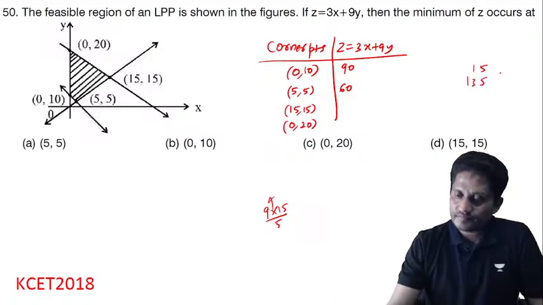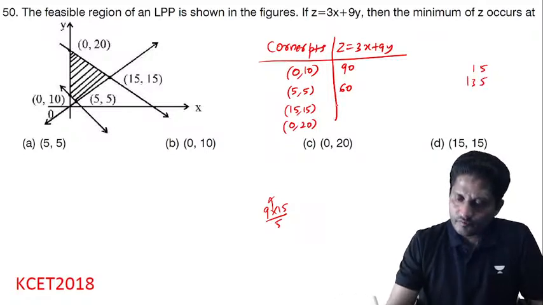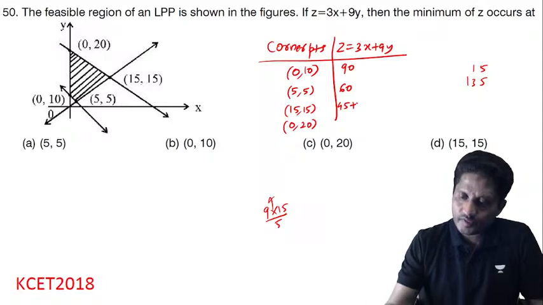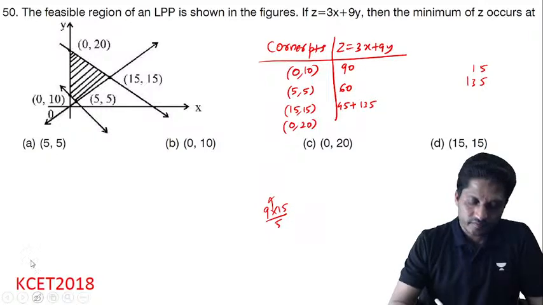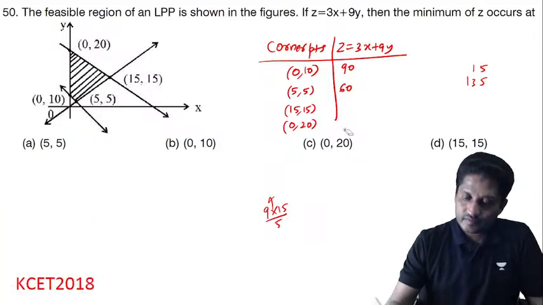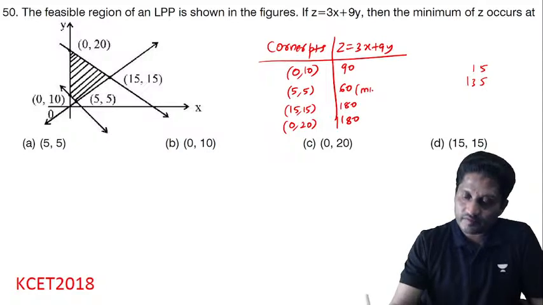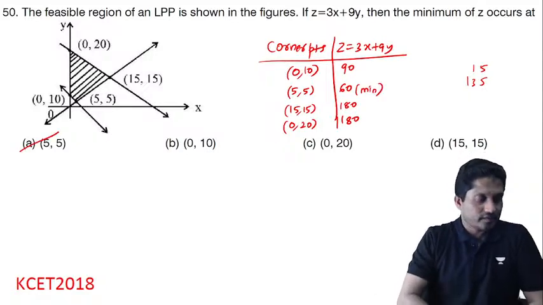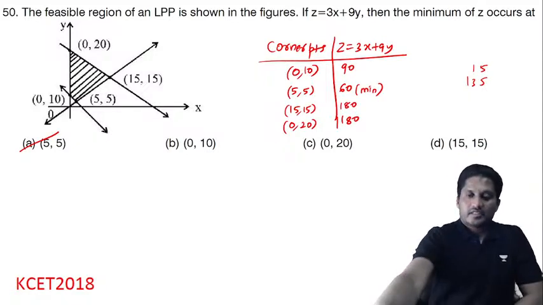So this is 45 plus 135, which is equal to 180, right? This is 180, also 180. It's asking what is the minimum value. Minimum value will occur at 5, 5 only. Option clear, guys? Question number 51.